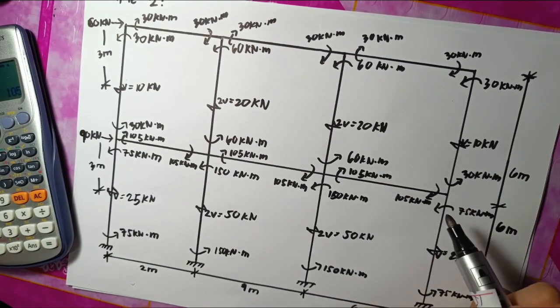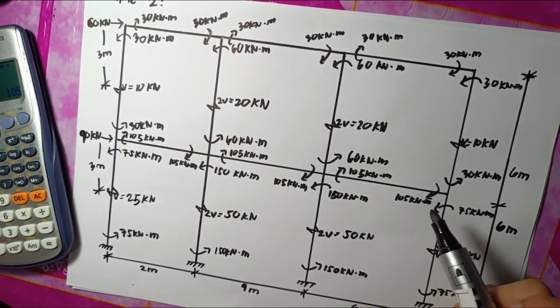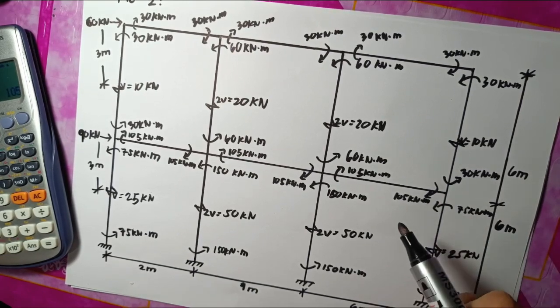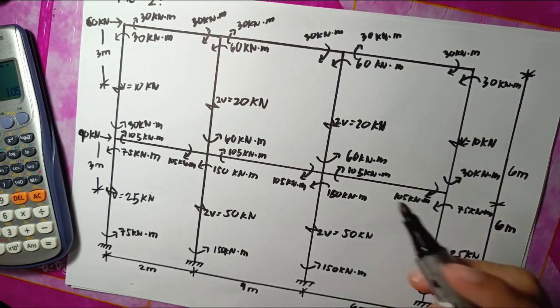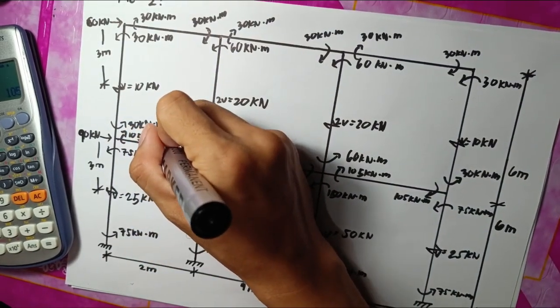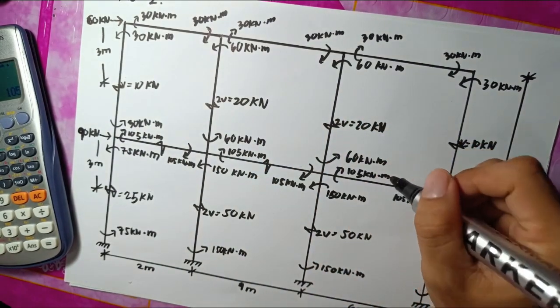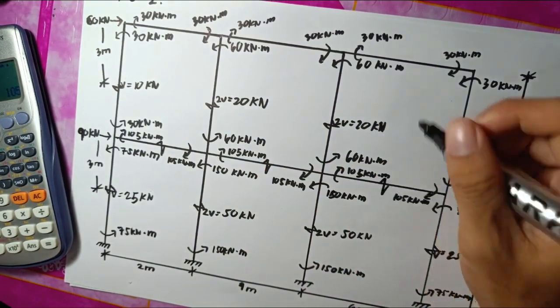So after we're done in the girder moment, let's proceed to the fourth step, which is girder shear. Let's first put the girder shear.